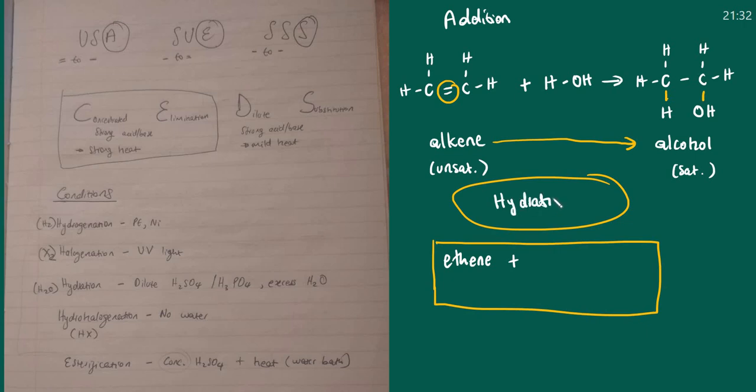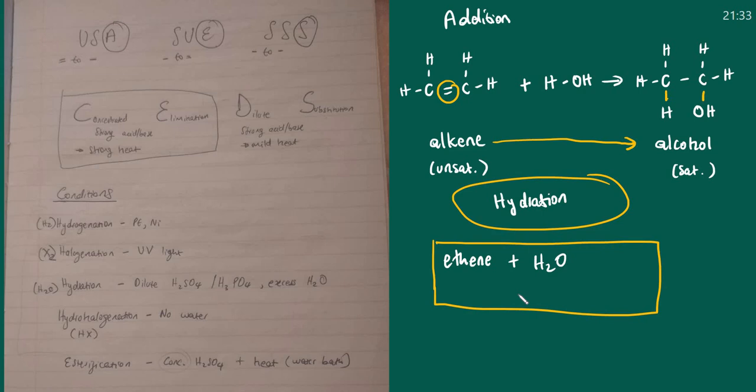Hydration. Hydrolysis is for substitution. Please, let's remember that. Hydration. So hydration means you are hydrating the compound, right? You are hydrating that ethene. You are putting water inside of it, right? You are drowning it in water, right?